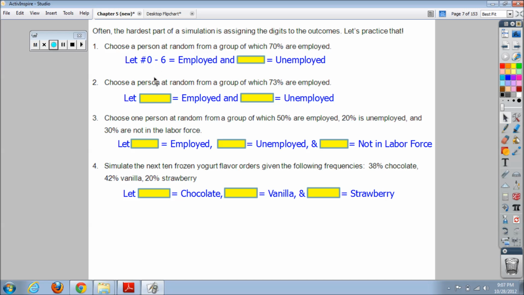So I said, what if I let the numbers 0 through 6 represent an employed person? Because 0 through 6, there are 7 numbers. And for unemployed, 7, 8, 9, there are 3 numbers out of 10. So 7 out of 10 is 70%, and 3 numbers out of 10 is the 30% for the unemployed.